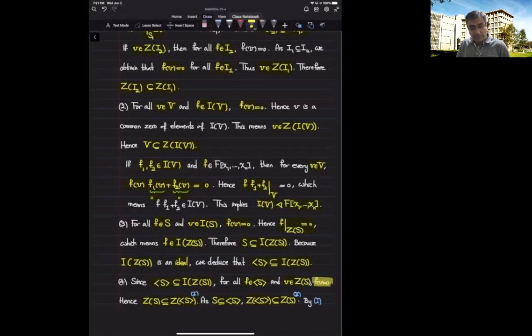That means every vector here is a common 0 of all the elements of the ideal generated by S. Every element here is an element here. On the other hand, S is a subset of the ideal generated by S, of course. And Z is an inclusion reversing function. That means Z of the ideal generated by S is a subset of Z of S. Now I have both sides of inclusion. That means that equality should hold.